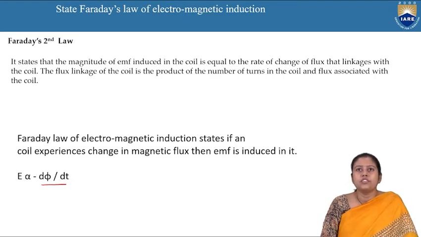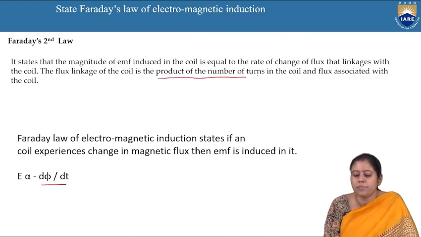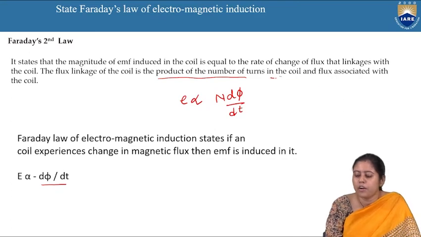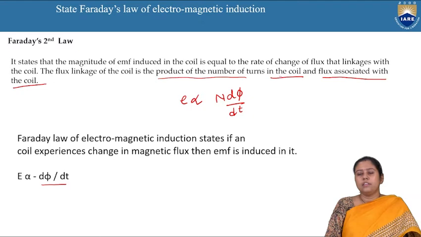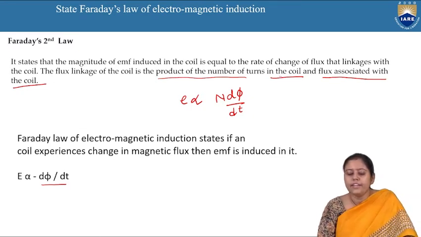The flux linkage of the coil is the product of the number of turns of the coil and the flux associated with the coil. So E is equal to N dφ/dt.